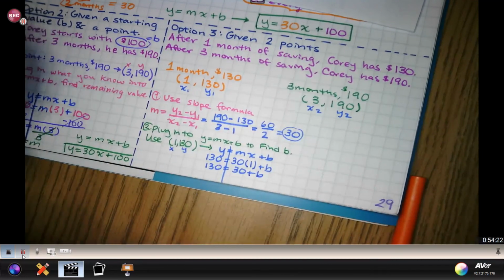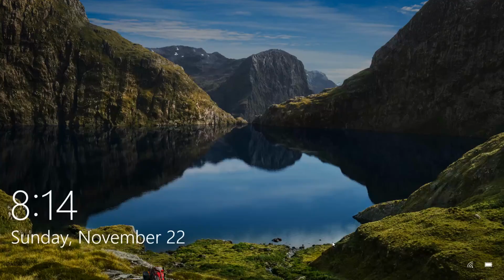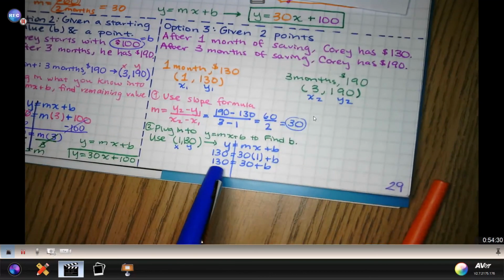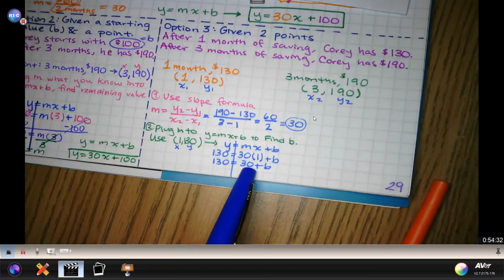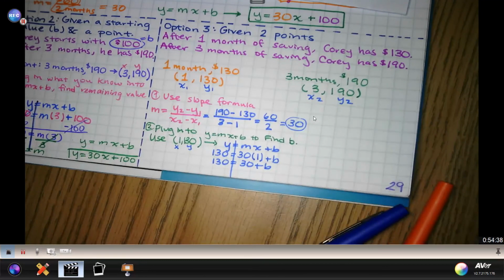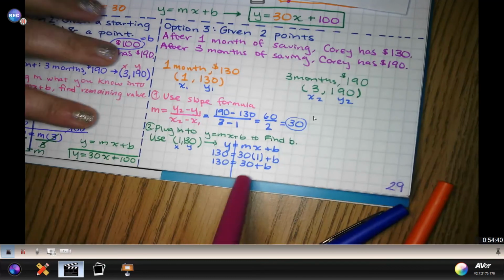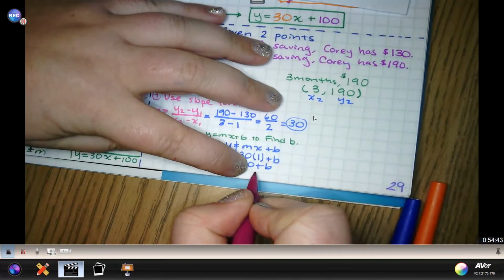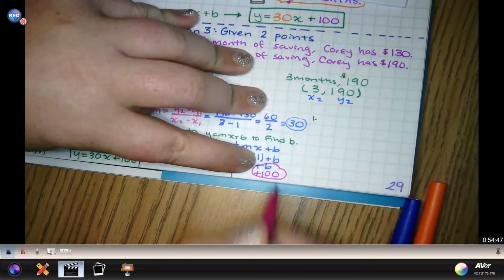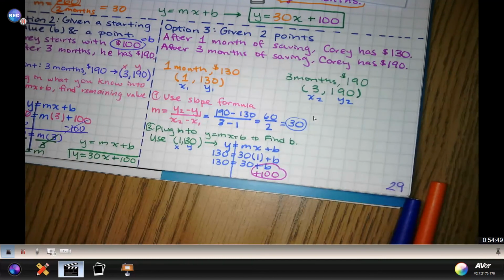So what do I need to add to 30 to make, whoopsies, hopefully that wasn't dark for too long. Oh boy. Okay, sorry guys. So here I plugged in, I just did 30 times 1 is 30. Now I ask myself, what 30 plus what will get me 130? Again, feel free to either solve by subtracting 30 from both sides or do guess and check, and you'll see that you have to add 100. So b must be 100.